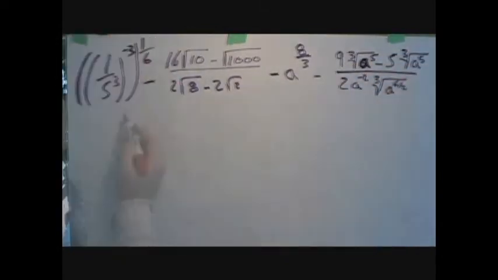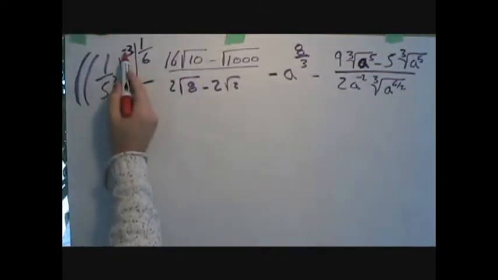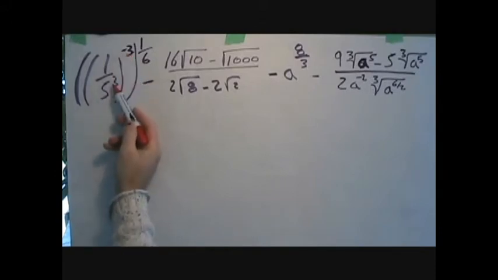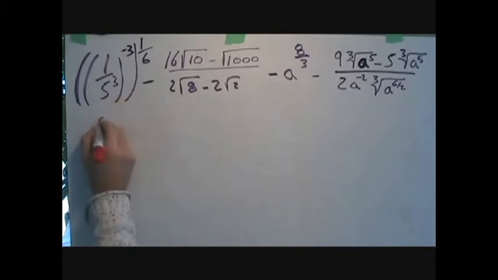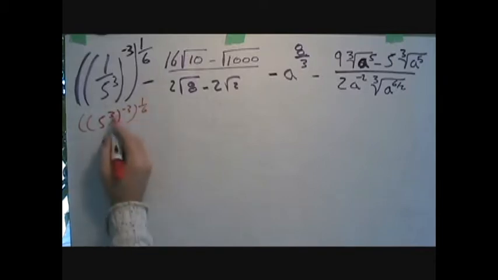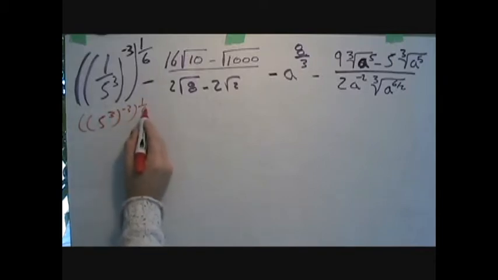So let's start off with this guy. The negative power here flips the fraction, so this goes up. So this becomes 5 to the power of 3 to the power of negative 3 to the power of 1 over 6. When you have an exponent to an exponent to an exponent, these multiply each other.